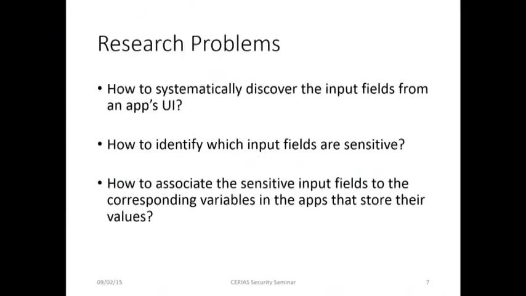How do we systematically discover the input fields from an app's UI? How do we identify which input fields are sensitive? And how do we associate the sensitive input fields with the corresponding variables in the apps that store their values? The second one is the key problem in our work.